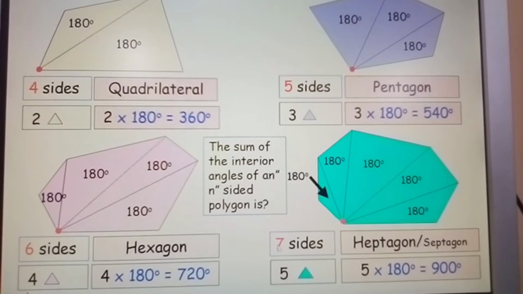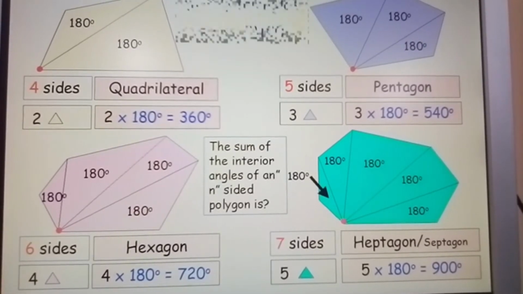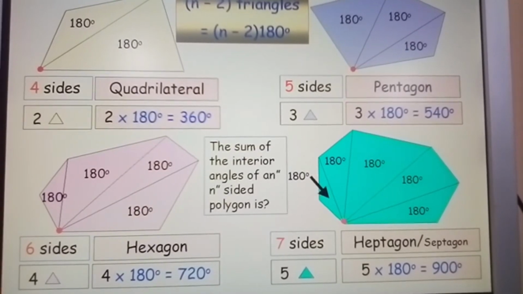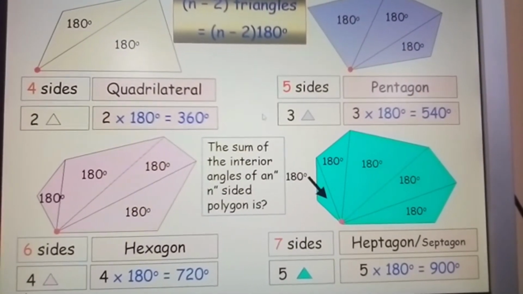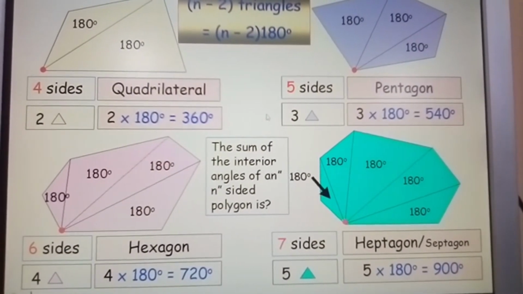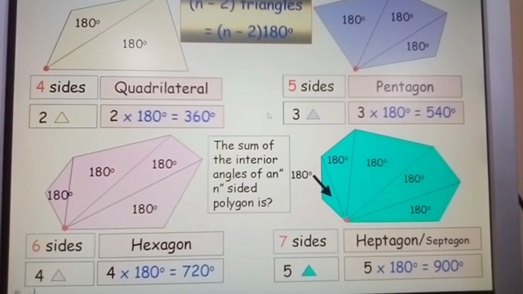The sum of the interior angles of an n-sided polygon is n minus 2 triangles, which equals n minus 2 times 180. So whatever the number of triangles is, n minus 2, and it's equal to n minus 2 times 180.